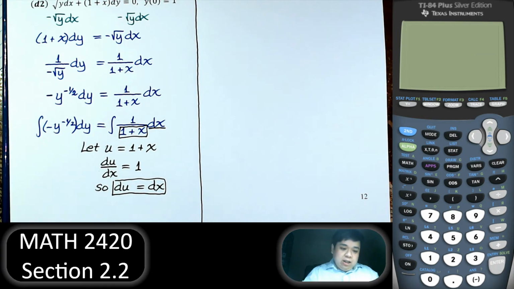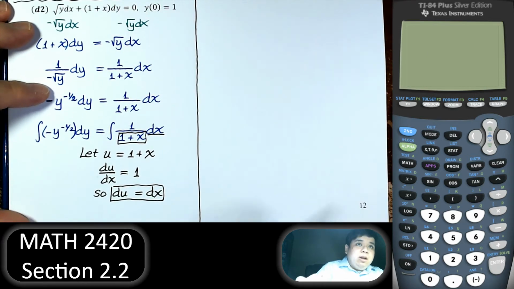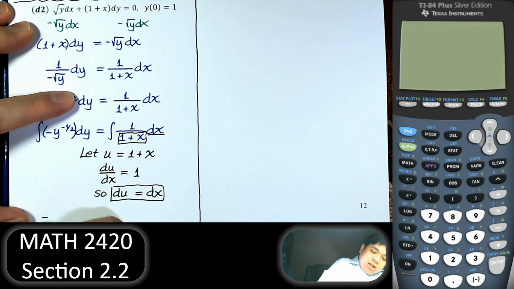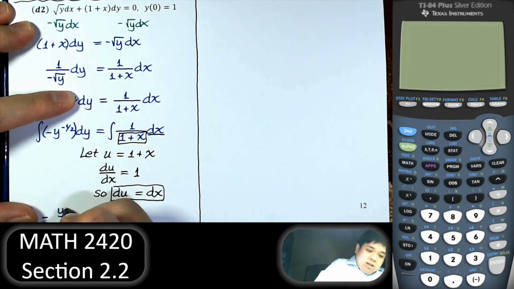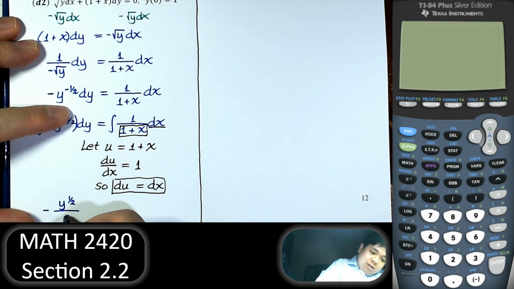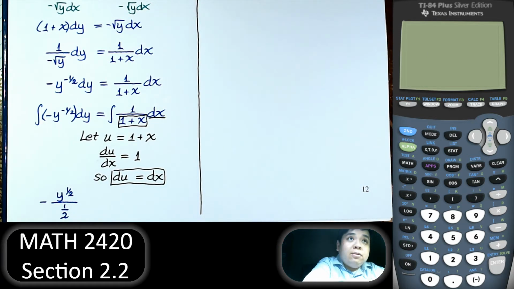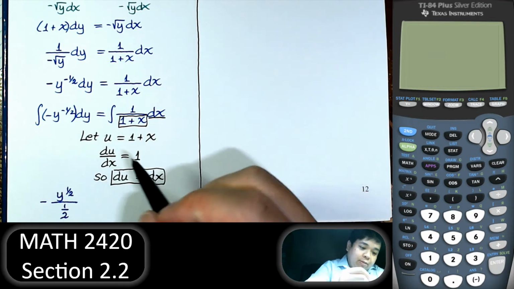Right, so put everything in. On the left hand side, the integral will be easy. Just a power rule, right? So the integral of that is y, increase the power by 1, negative 1/2 plus 1 is 1/2. And then divide by the same thing. Power rule.